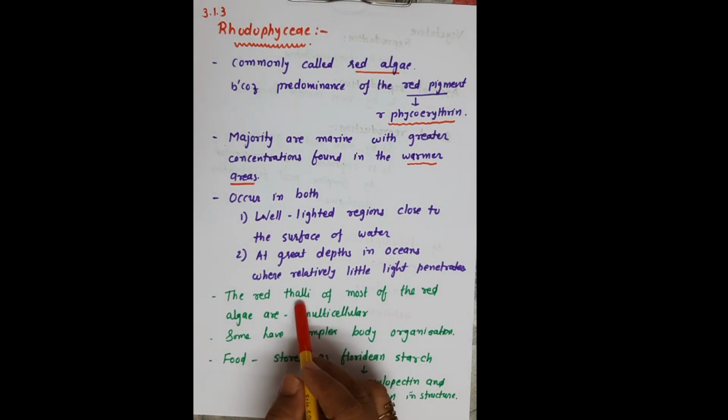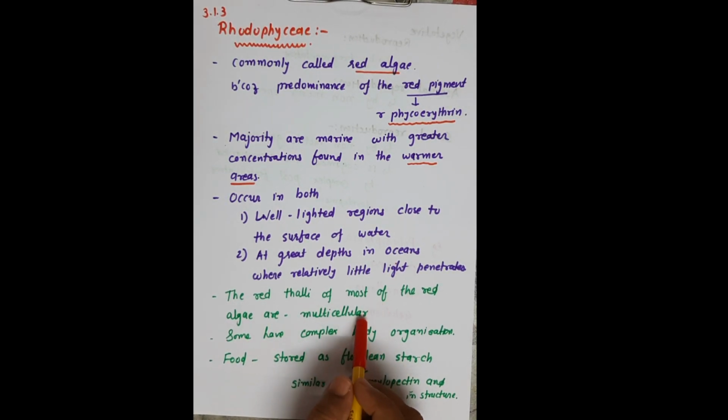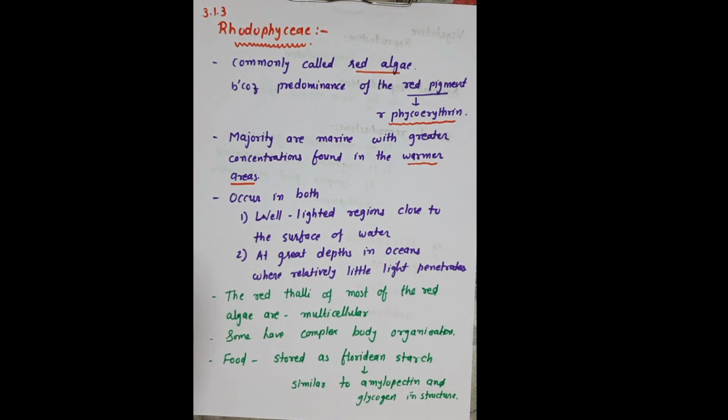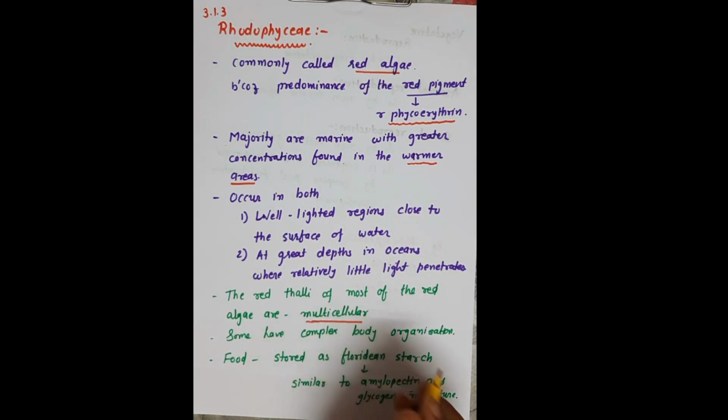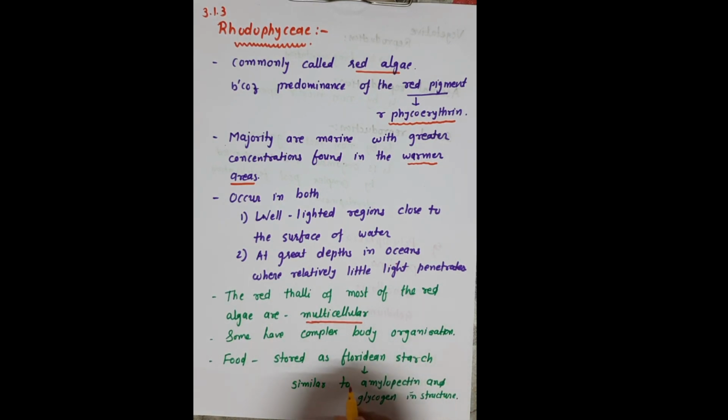Now the red thalli of most of the red algae are multicellular. उनकी जो थैलाई होती है वो कैसी होती है? मल्टीसेल्युलर. Some have complex body organization. Most important, food is stored as Floridian starch.